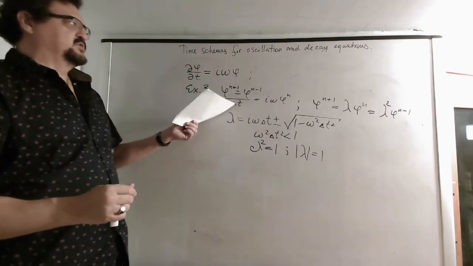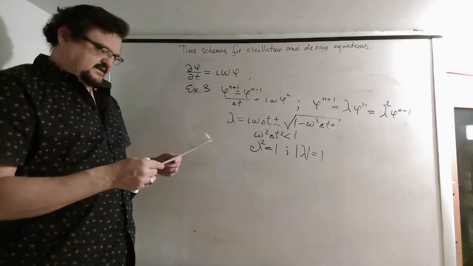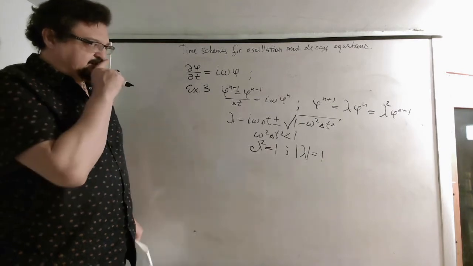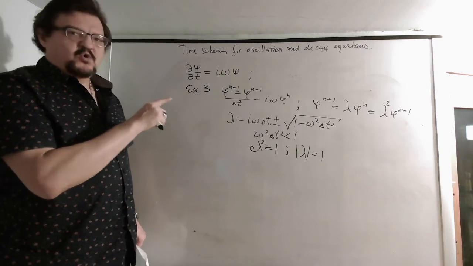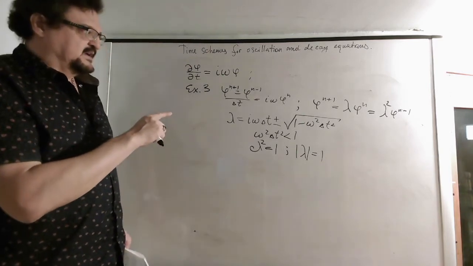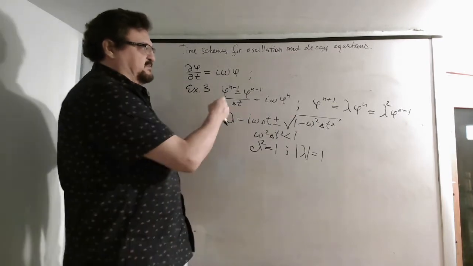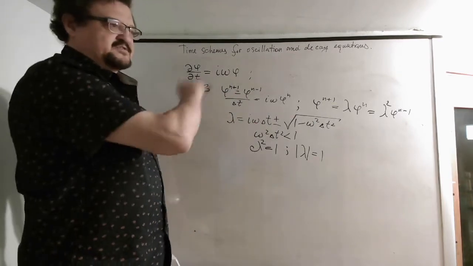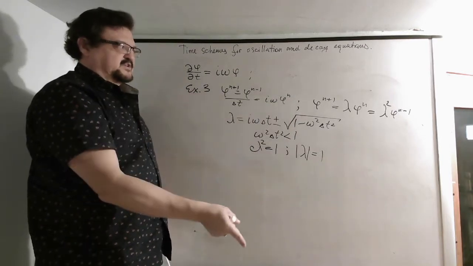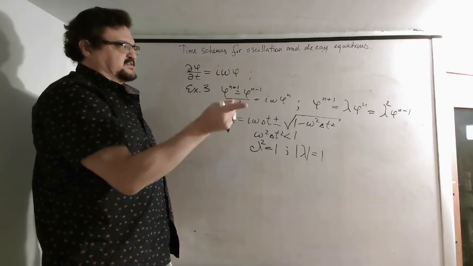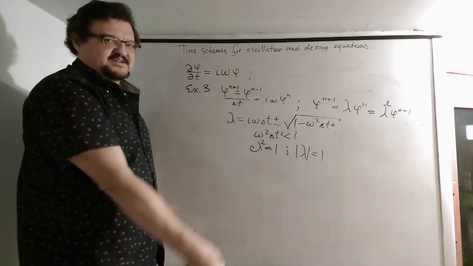So if you use this scheme for this condition, the leapfrog scheme would produce no decay in amplitude. That would basically be the exact solution in a way, because the exact solution does not change amplitude, it just rotates it. Say the amplitude of a vector of velocity or wind, it will just rotate it without changing amplitude. The Coriolis force doesn't change the amplitude of wind, it just rotates it, like turns it.